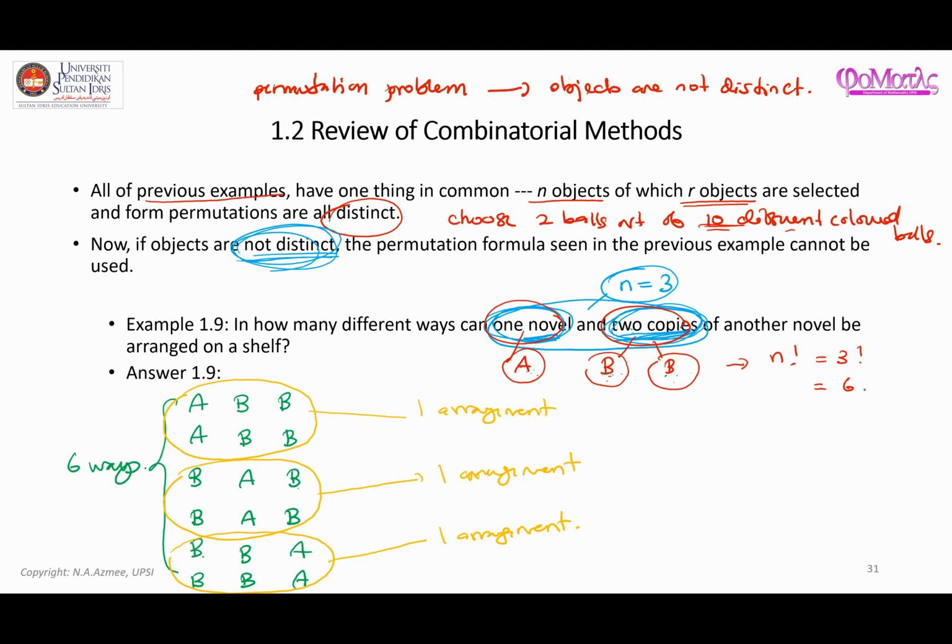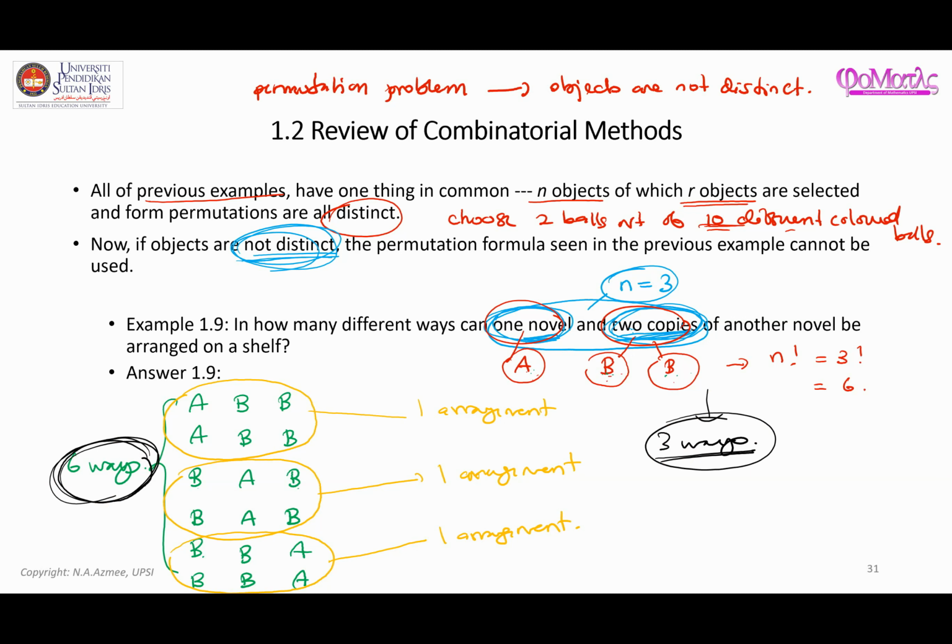Therefore you can see that from six ways it has been reduced to only three ways. So when you have objects that are not distinct, you will expect that the number of arrangements is going to be reduced, as opposed to assuming them to be distinctive altogether.